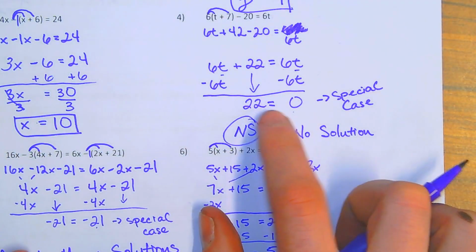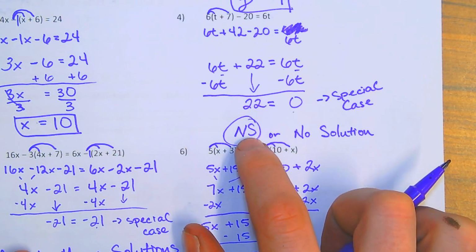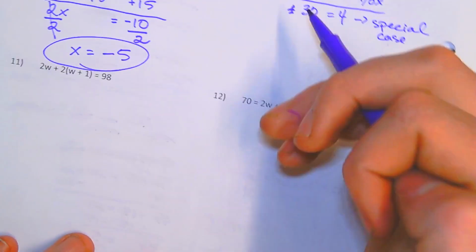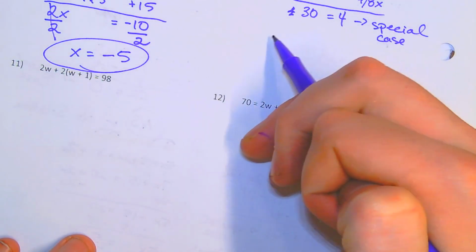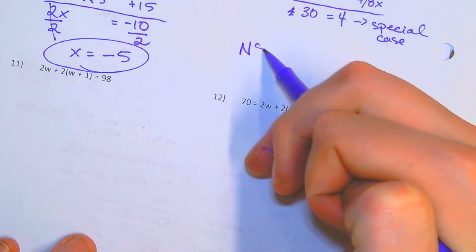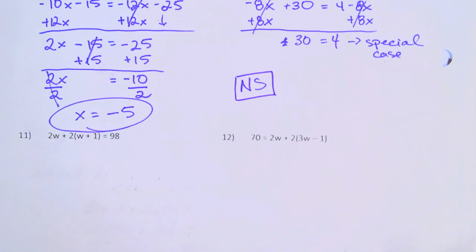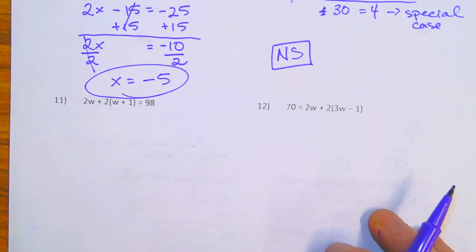We had a number, 22 equals 0, and that was also a special case, and we ended up with the answer of an NS, or no solution. The same thing is going to happen right over here on number 10. 30 is not the same number as 4, and for that reason, our answer is going to be NS. Just like that. 30 is not the same as 4, NS.